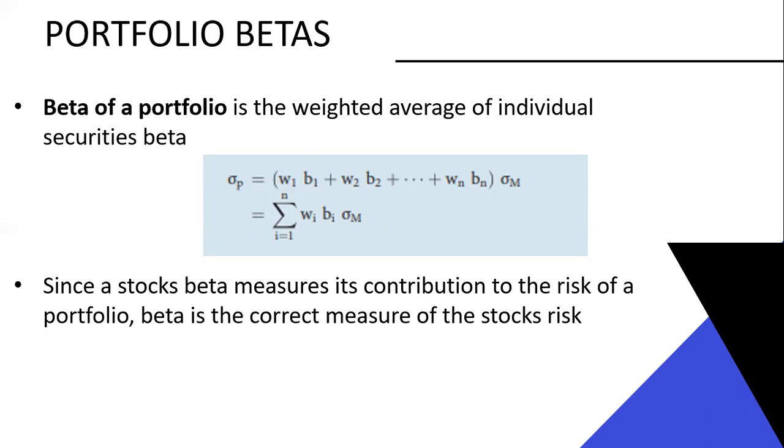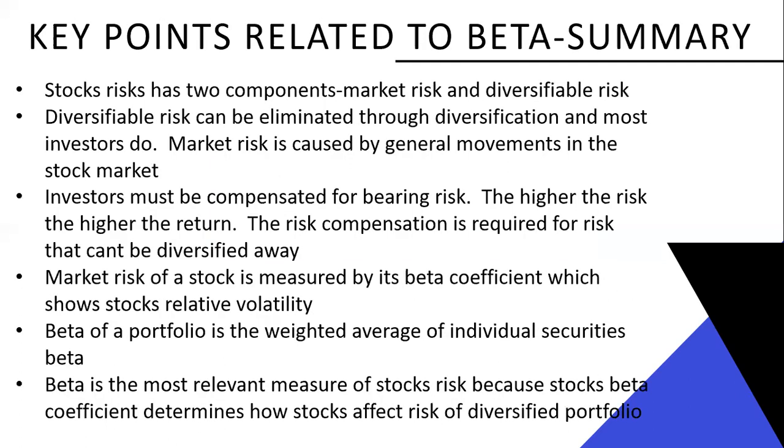Now, since a stock's beta measures its contribution to the risk of a portfolio, beta is the correct measure of a stock's risk. So again, you in this situation are looking at the overall portfolio. And here you can see, each one of the different stocks that you have and each one of the individual stocks' beta is making a contribution to the risk of the overall portfolio. And therefore, this is how you measure the portfolio risk.